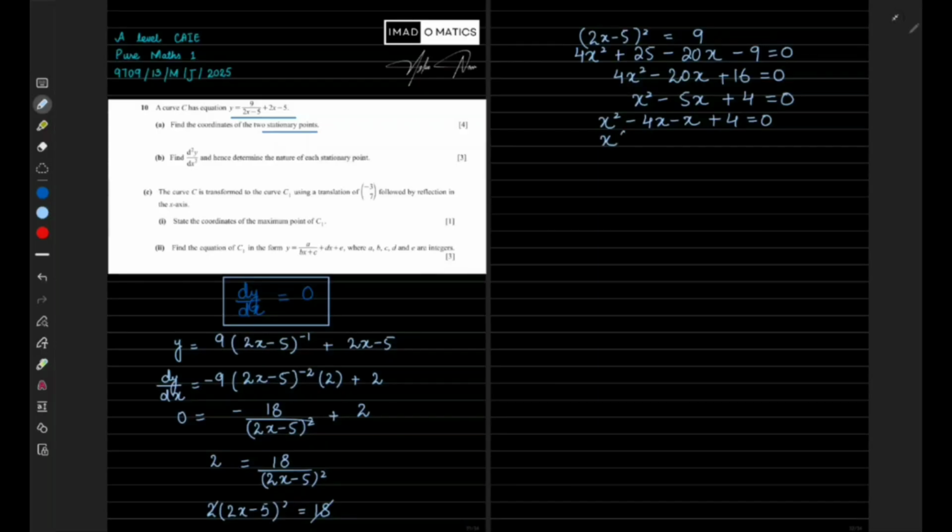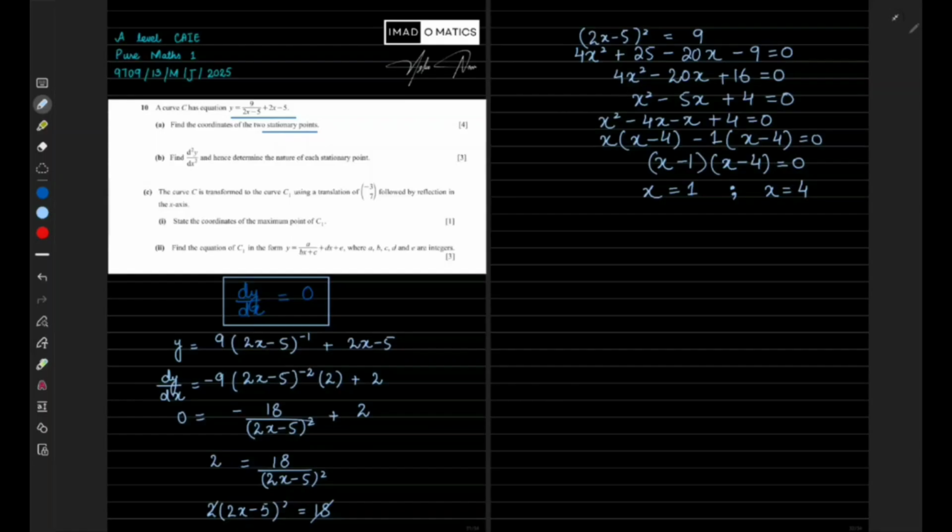Taking x common gives x(x minus 4), taking minus 1 common gives minus 1(x minus 4). I'm factorizing properly by breaking the middle term. So this gives you either x equals 1 or x equals 4.